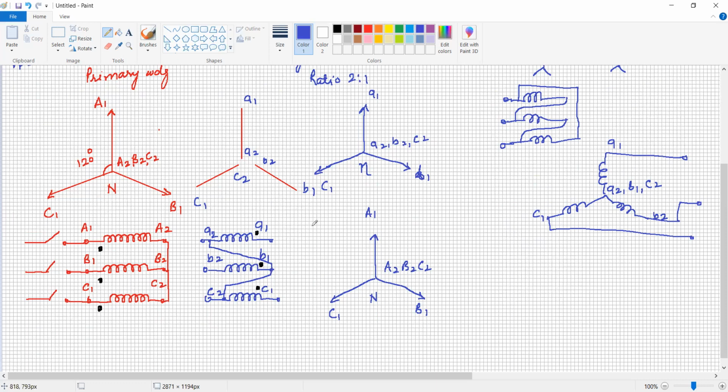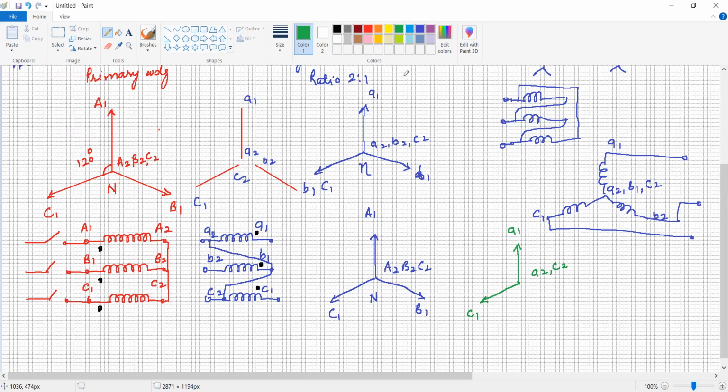We have deliberately drawn a wrong connection. So see here, this is the terminal voltage. It is A1, A2. Okay. Now B2, C1. Okay, so it is in this direction because those are in the same direction here. It is C1, C2.